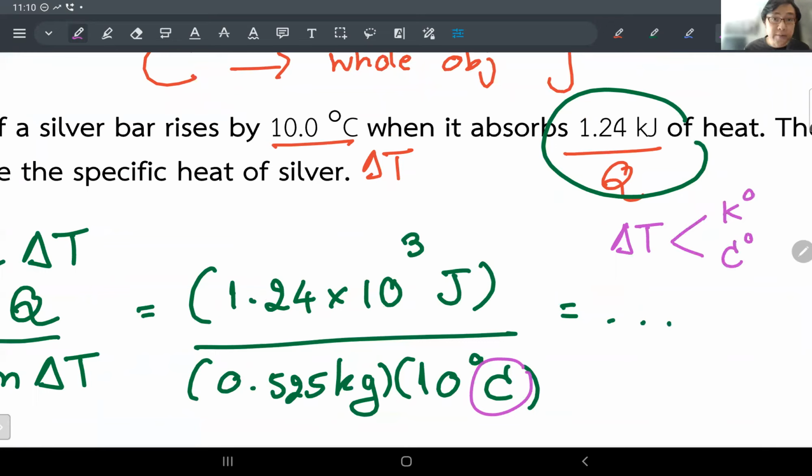That's fine because the change of 1 degree Celsius is the same as the change of 1 degree Kelvin. But when you are dealing with an equation that has only the temperature in it, that is when you need to use the Kelvin scale. Does that sound good? All right. So if the T is the only parameter in that equation, then stick with the K.